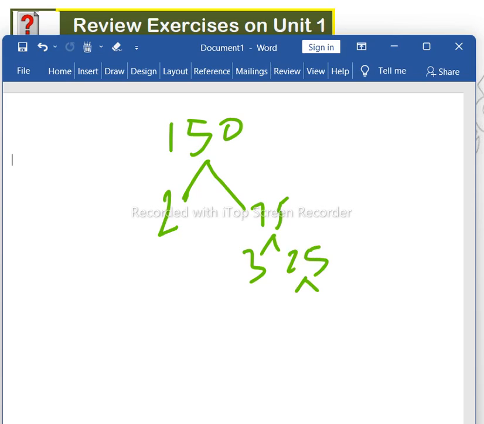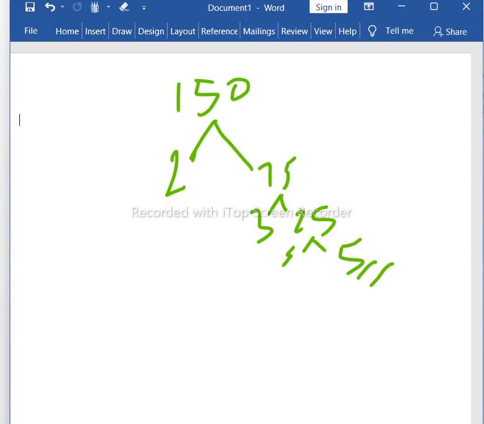The next prime is 5, so we divide by 5. 25 divided by 5 is 5. So we finally get a prime number, and now we stop dividing.